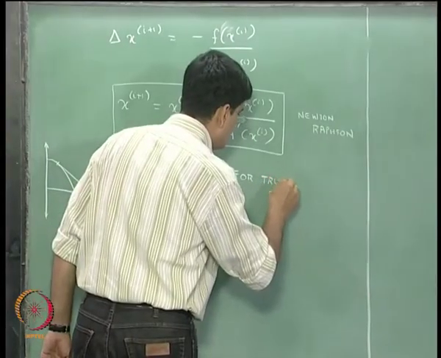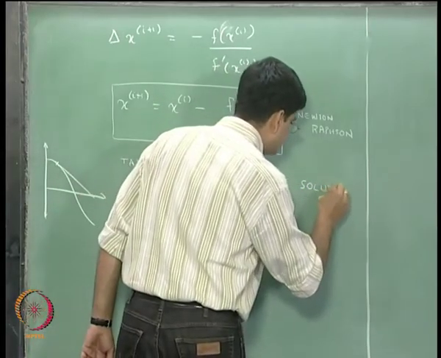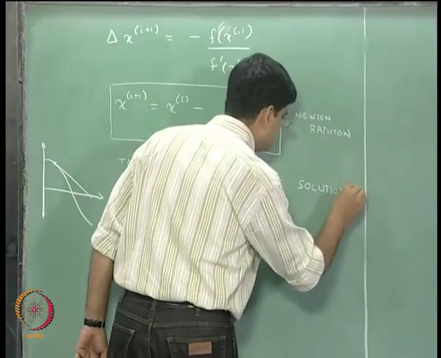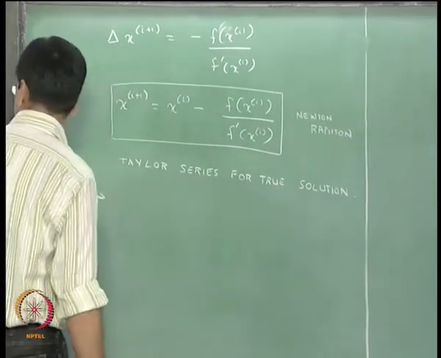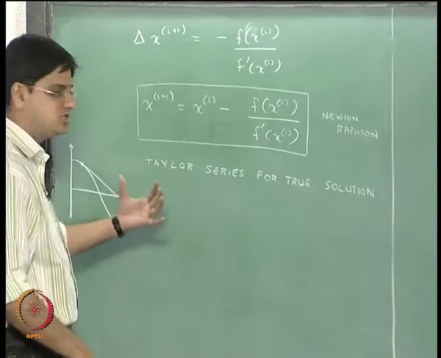And again rewriting the Taylor series expansion, now for the true solution: the Taylor series expansion for the true solution is f of x bar, and f of x bar we know is 0.